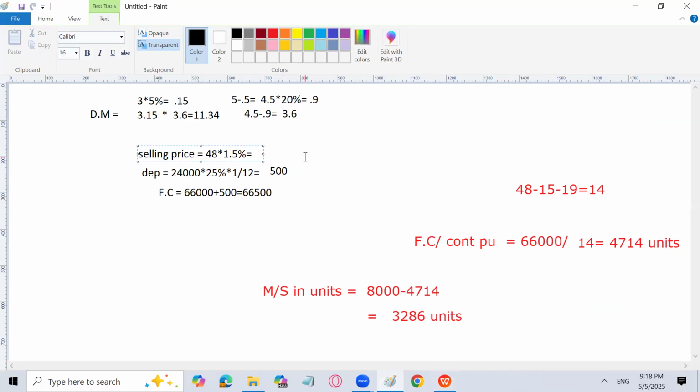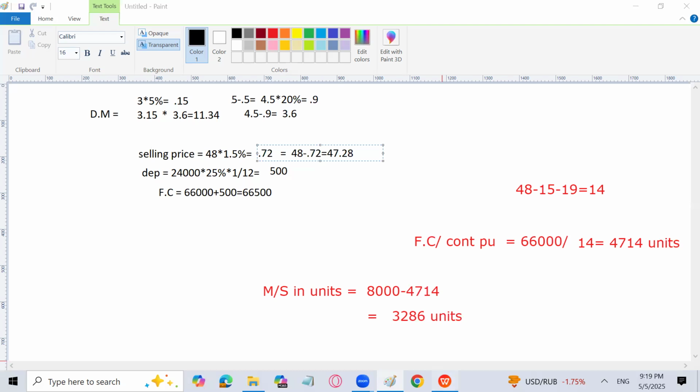So what is 1.5% of 48? 0.72. 48 minus 0.72. So what is the new selling price now? 47.28 is going to be the new selling price.